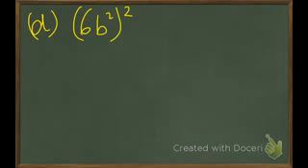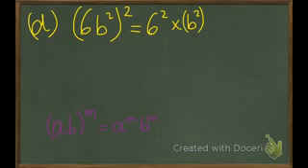So we are asked to simplify 6b squared, all squared. Now, which law will we be using here? Well, it's the law that says ab all to the power of m is equal to a to the power of m multiplied by b to the power of m. So therefore we have that 6b squared all squared is equal to 6 squared multiplied by b squared, and I'm going to put this in brackets, squared.